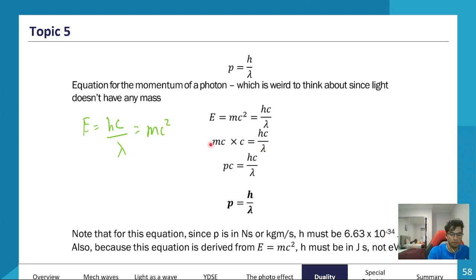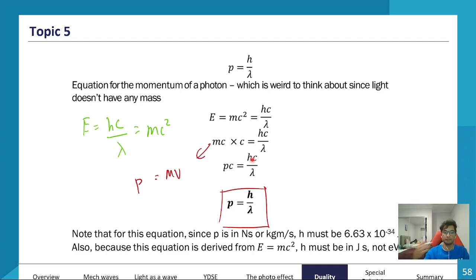mc is basically mass times velocity, which is also equal to the momentum, p. So that combines down to p times c is equal to hc divided by lambda. You cancel out the lambdas, you cancel out the c's, and you're left with p is equal to h divided by wavelength.